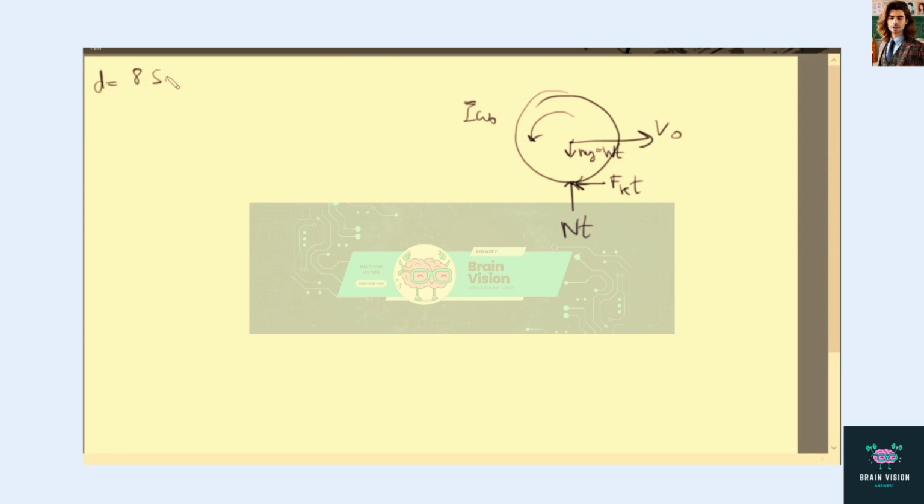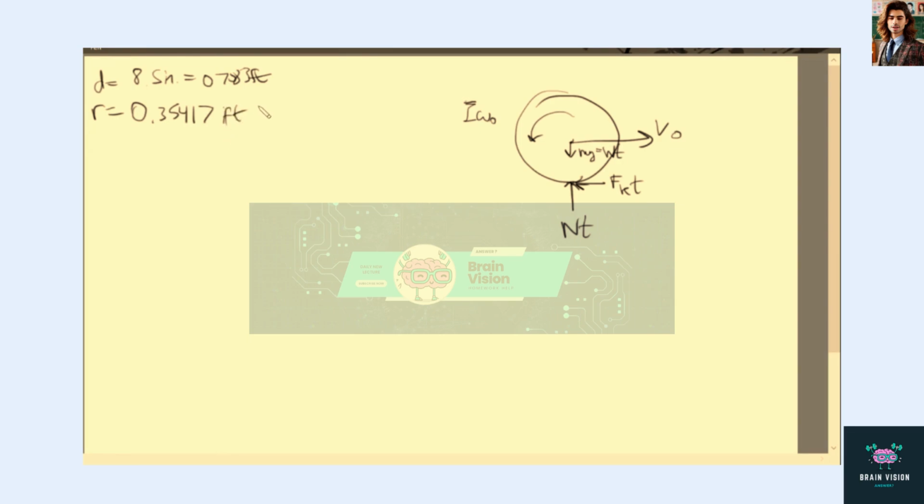So we have 8.5 inches, which is the same thing as 0.7083 feet. So our radius is half that, 0.35417 feet.